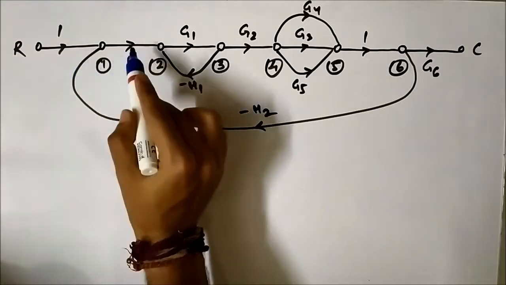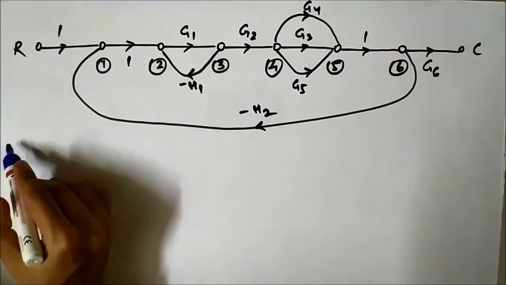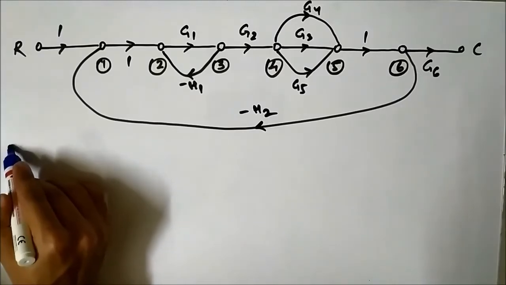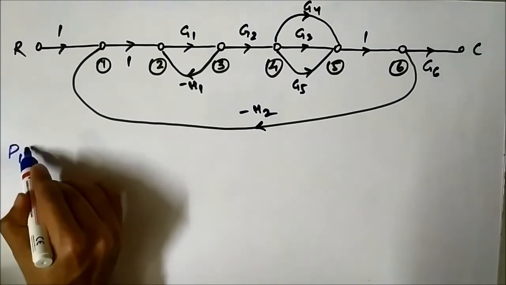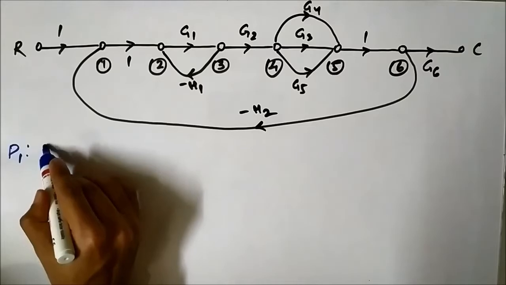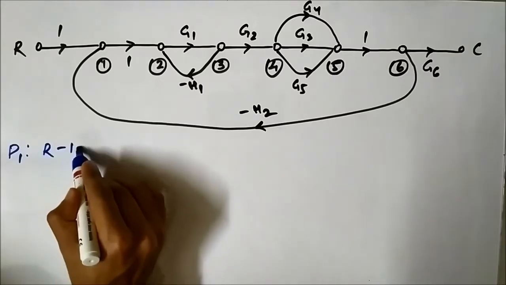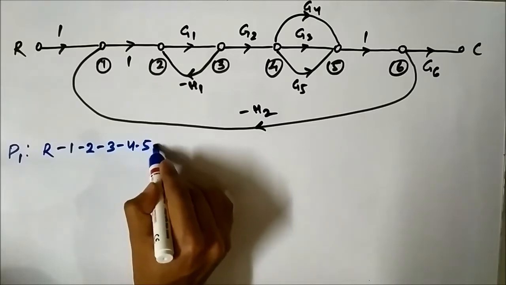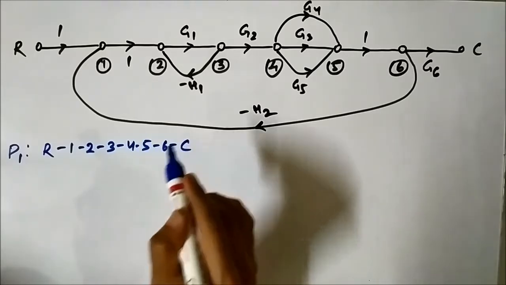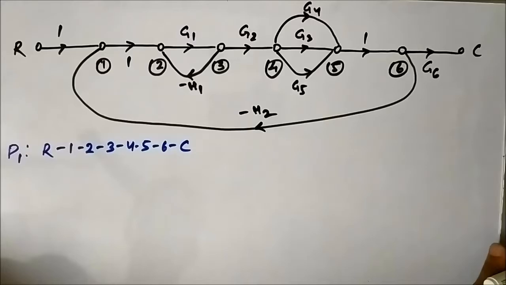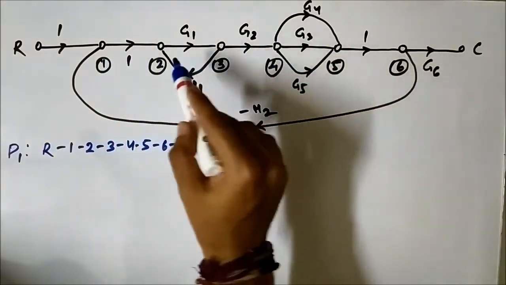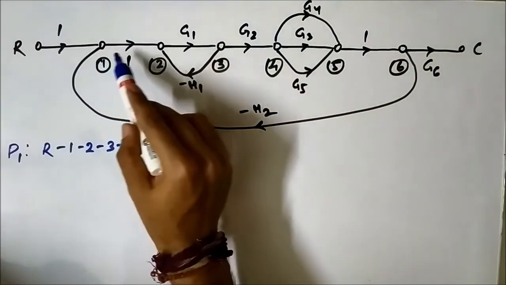Always pay attention to the direction of the arrows. So the first forward path is P1: R, 1, 2, 3, 4, 5, 6, C. The gain is the product of the gains of the individual branches.